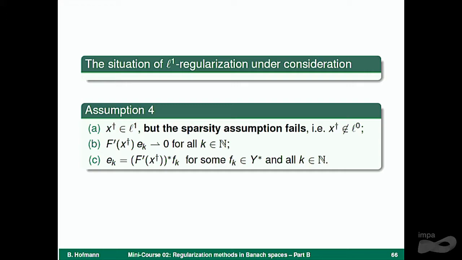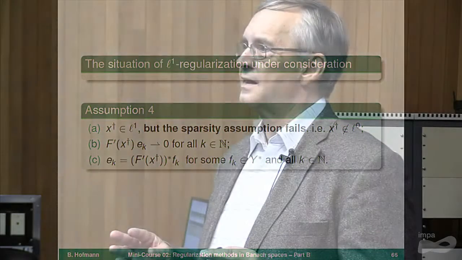So this seems to be very technical, very restricting, but we could show in a paper with Ronny Ramlau and Stefan Anzengruber that this situation mostly occurs, and in particular for the linear operator, it is the standard case if the operator is injective. So it's not really a hard condition.